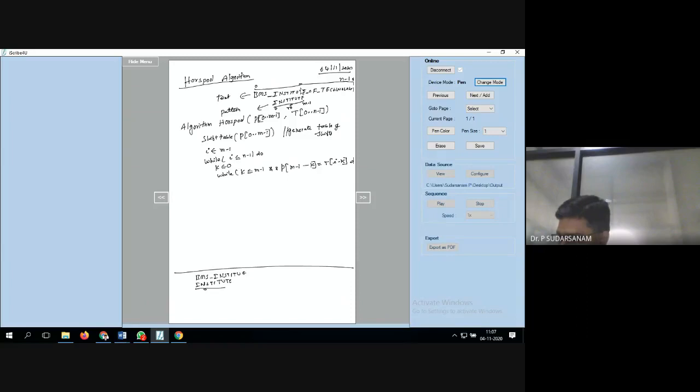So this is 0 to m minus 1, and this is 0 to n minus 1. So the I value I have written is m minus 1. So m minus 1 is nothing but this location, that is 0, 1, 2, 3, 4, 5, 6, 7, 8. So that is the 8th location.